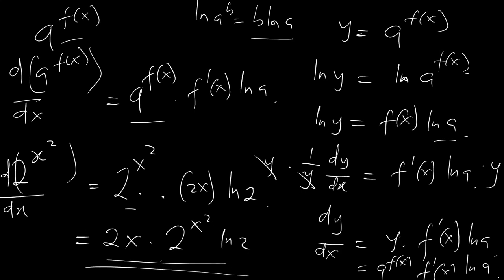It's just simple. Now, let's say you have, for instance, 7 to the power 8x minus x squared.